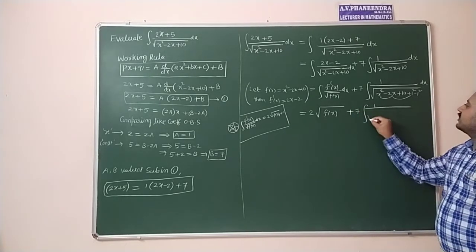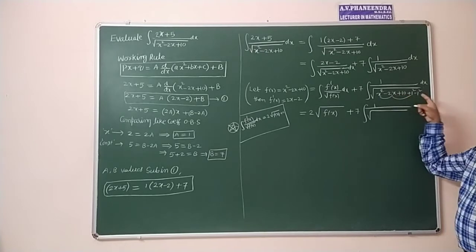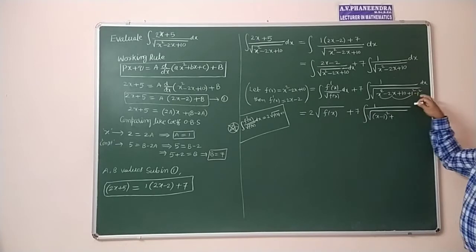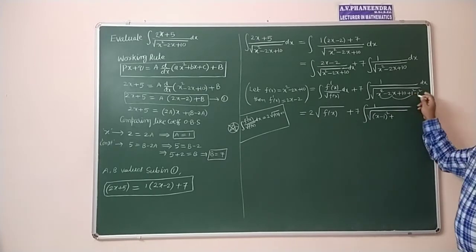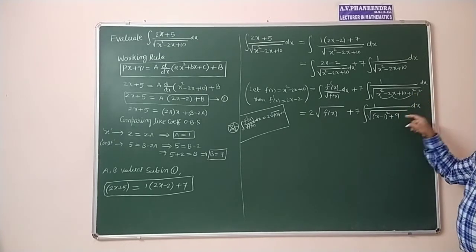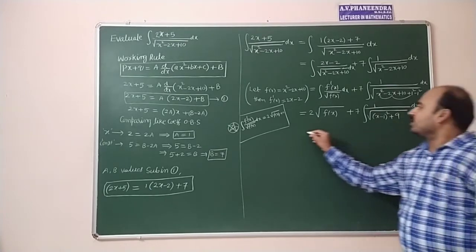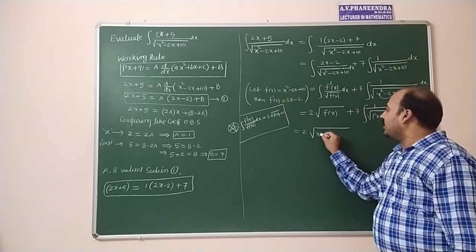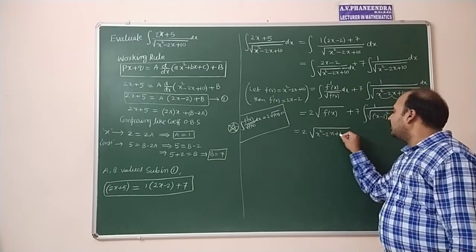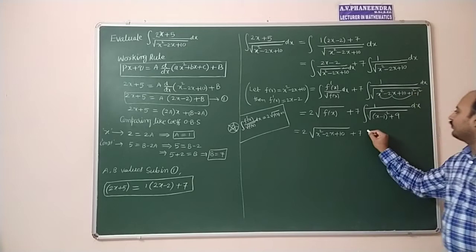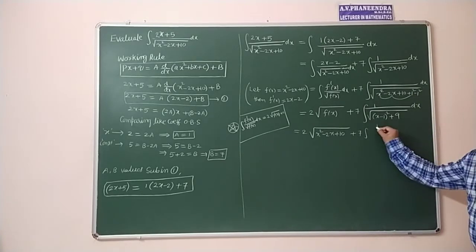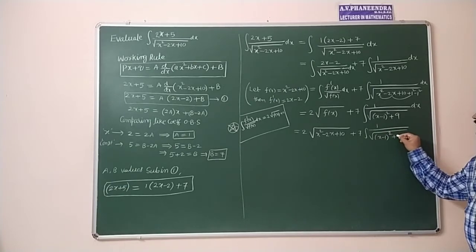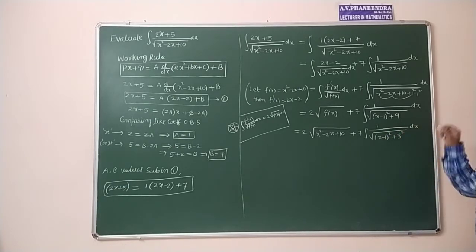1 by square root of x square minus 2x plus 1, which is x minus 1 whole square expansion, plus 10 minus 1 square. 1 square is 1, 10 minus 1 is 9. In the next step, 9 can be written as 3 square, which is equal to 2 into square root of, what is f of x we assumed here, x square minus 2x plus 10, plus 7 into integral 1 by square root of x minus 1 whole square plus 3 square into dx.